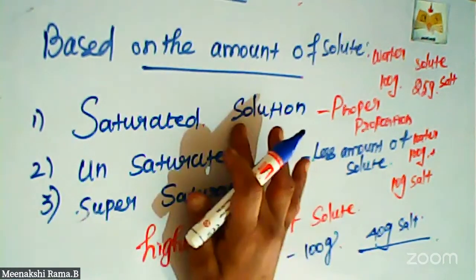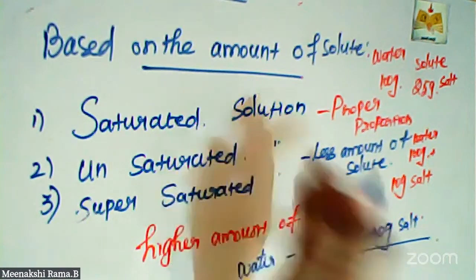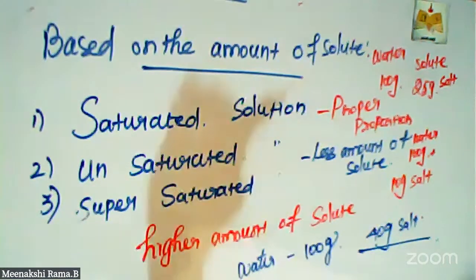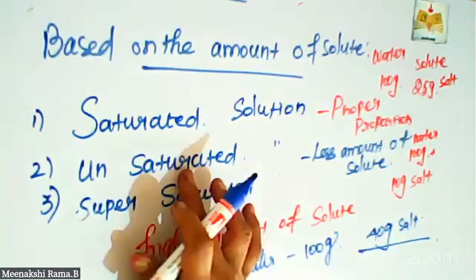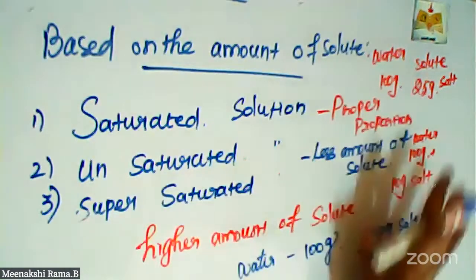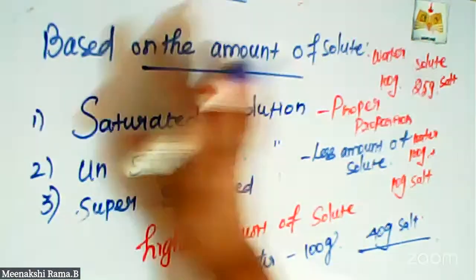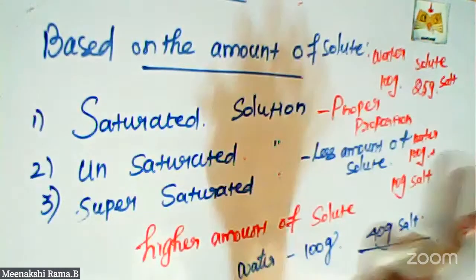Only 1 teaspoon is saturated, and only 2 or 3 cubes is unsaturated. So this is the explanation of saturated, unsaturated and supersaturated solutions based on the amount of solute.